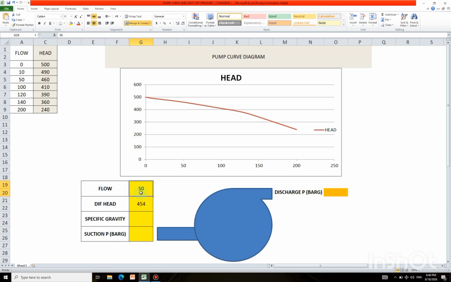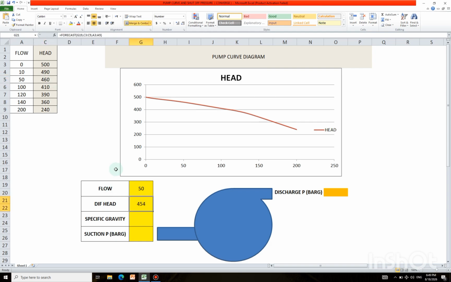As you can see, for this specific flow rate, which is 50 cubic meter per hour, the differential head that this pump can produce is 554 meter. We have 50 cubic meter per hour, and the head that it can produce is 460 meter.